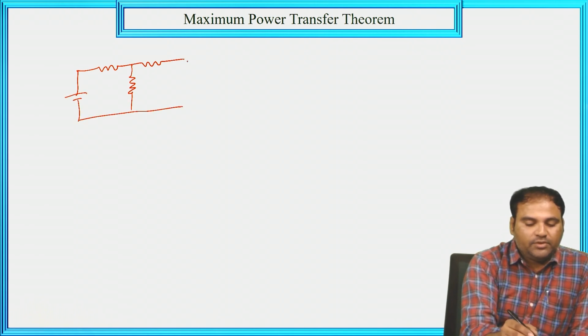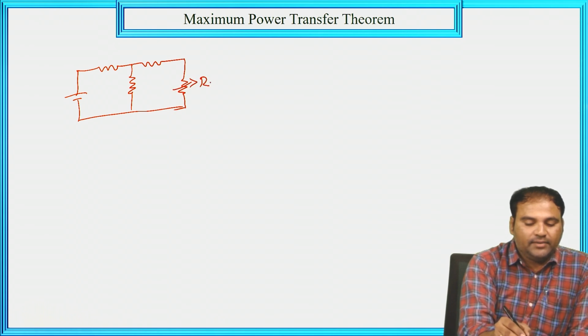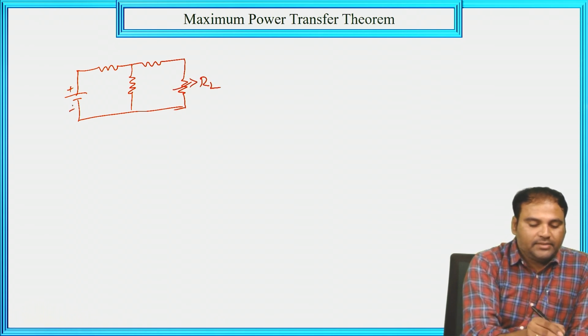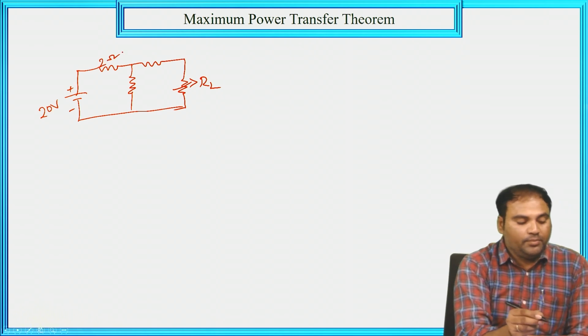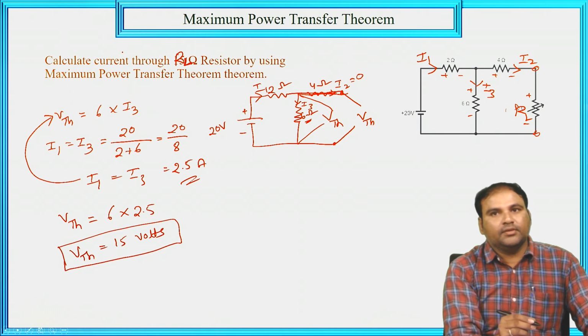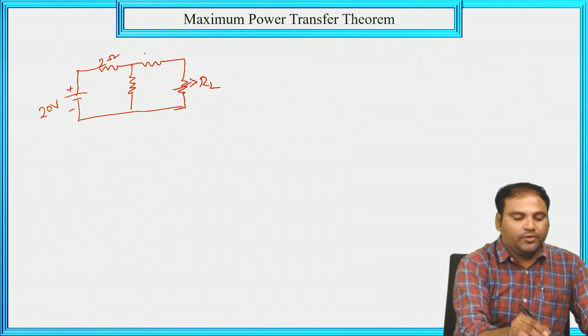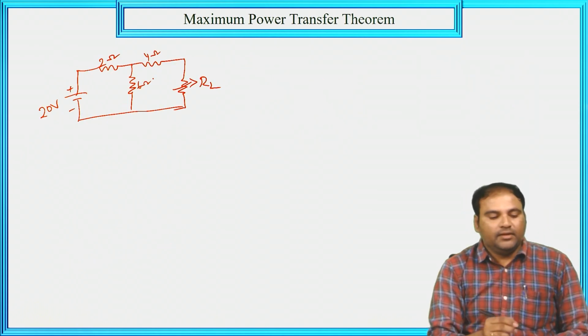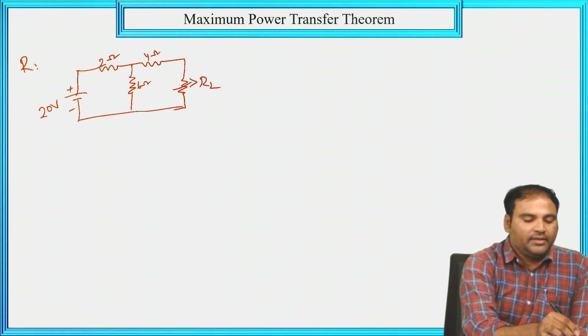So the voltage source, and here the load is there. The load is RL. This is 20 volt, 2 ohm, 4 ohm, and this is 6 ohm. Now, the calculation of the RTH.